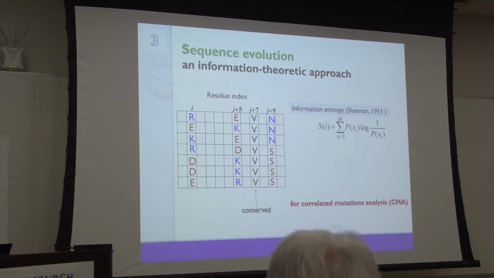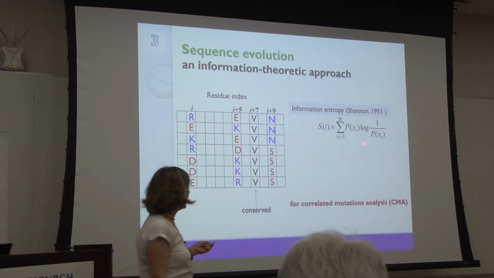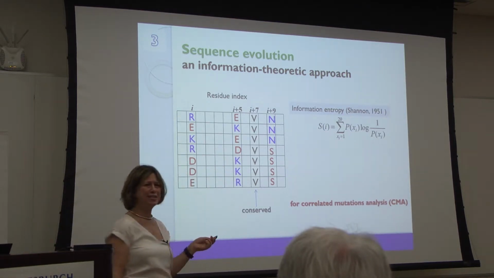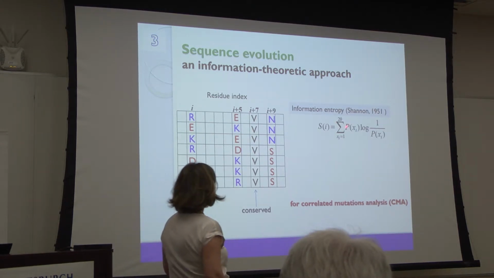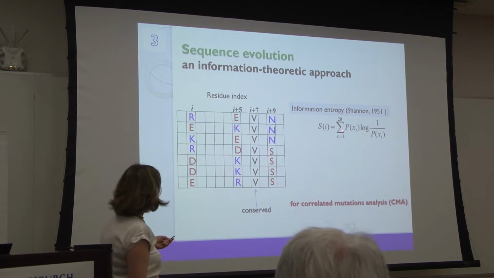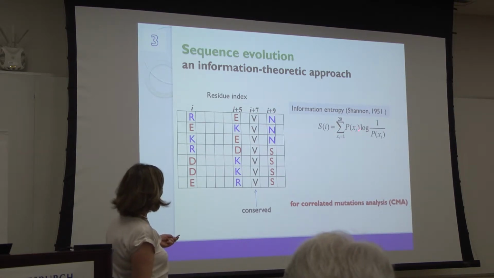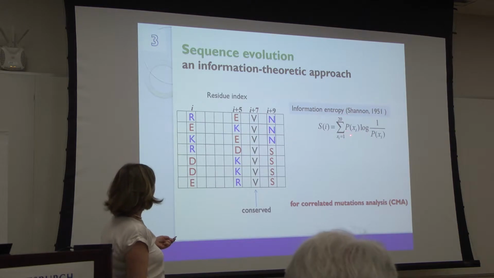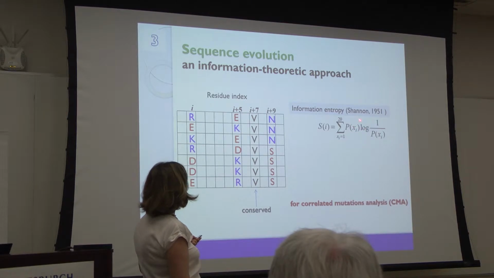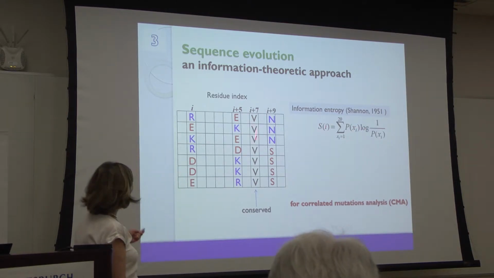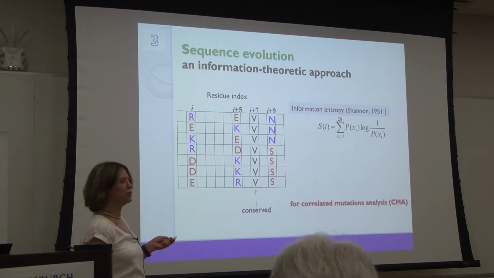The most standard metric for calculating the entropy is the following. Very simple expression. This is the definition of entropy also in physical sciences and in computer science. Let's say we are at a given position here. We are summing up the probabilities of different types of amino acids.